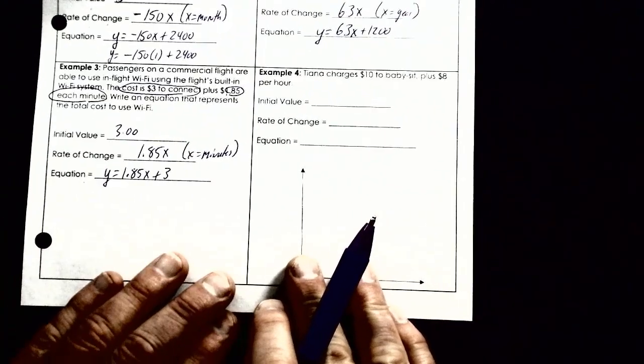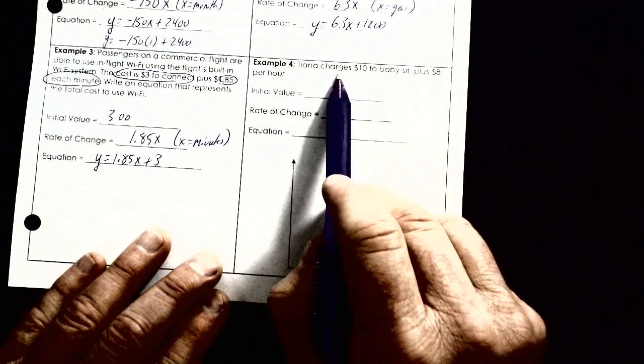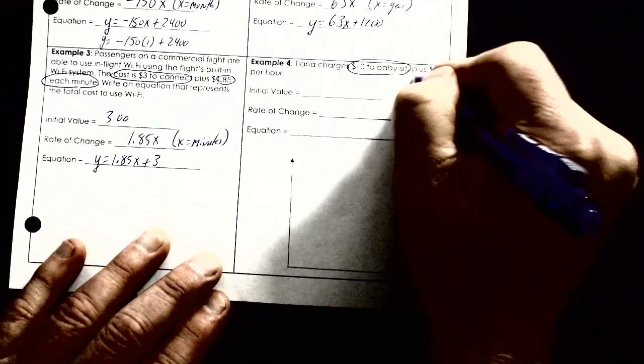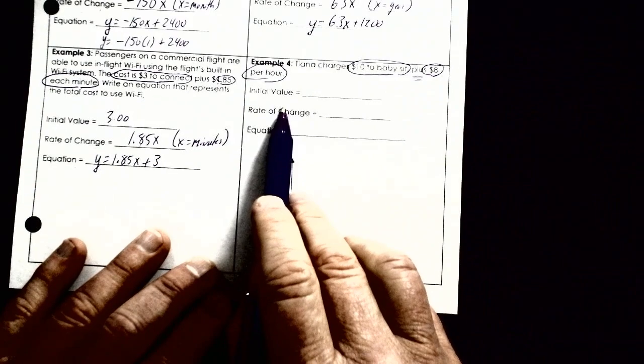Okay, last one. This one's short, but it has a graph to it also. She charges $10 to babysit, plus is the key word, $8 per hour. Per hour is the key term. Initial value is the $10.